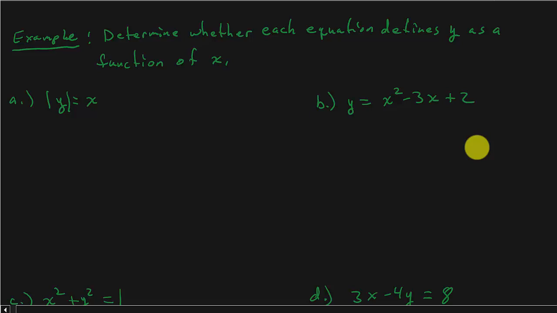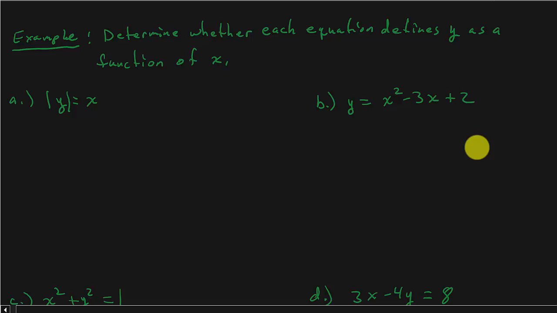All right. These are a little more difficult to do. And one thing about this is if you can picture what the graph looks like, it makes it a lot easier.